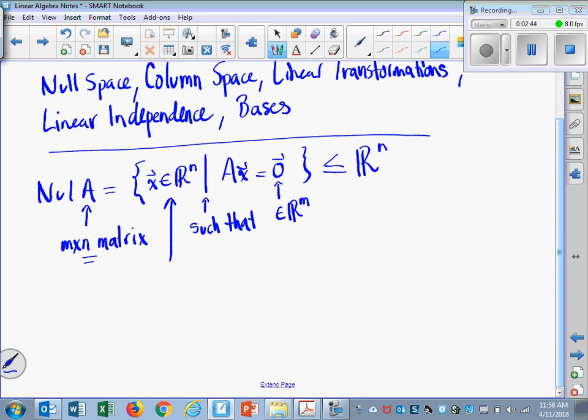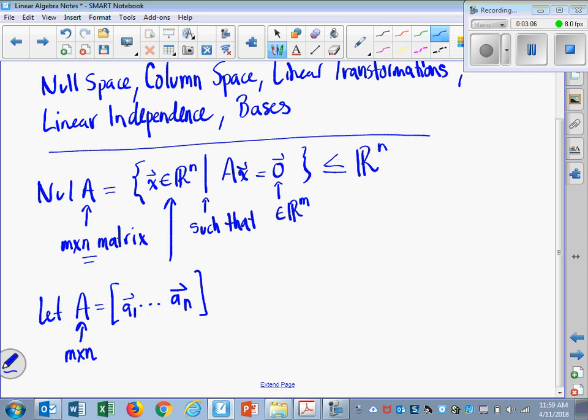Well, what about the column space? So let A equal, let me list the columns here, A1 through AN. So it has n columns, just like before, so A is m by n.